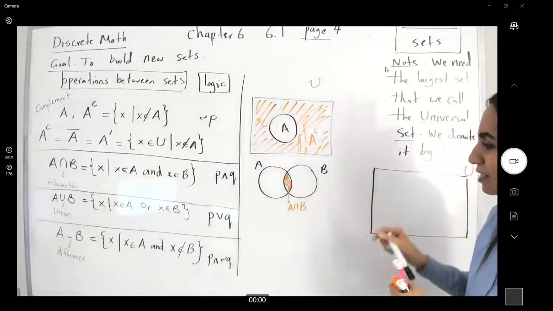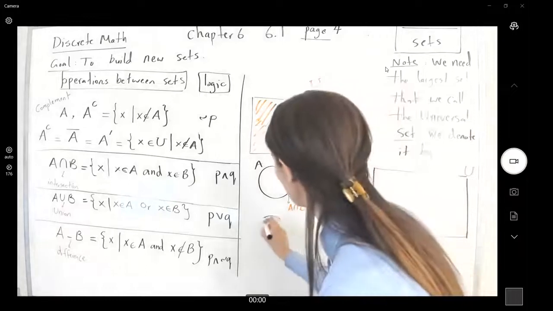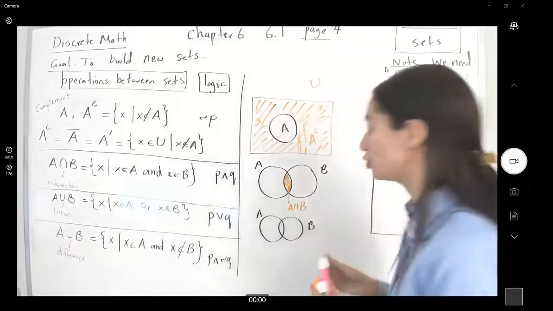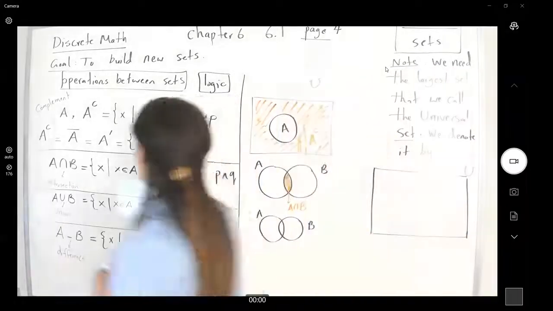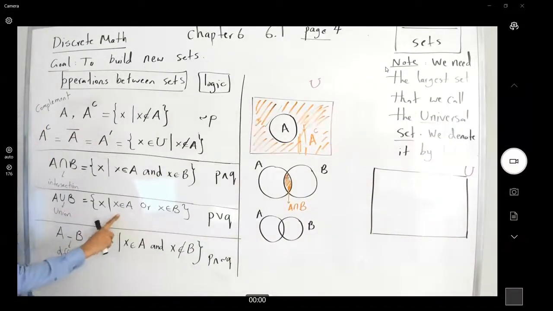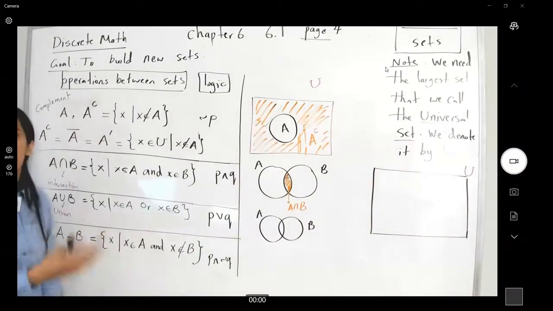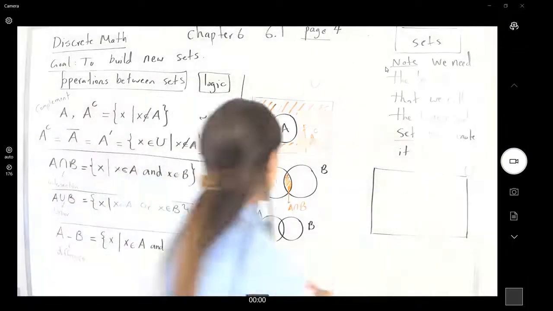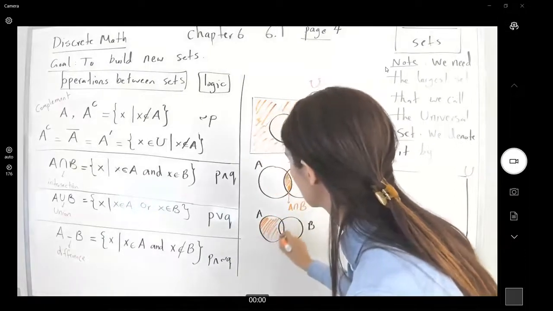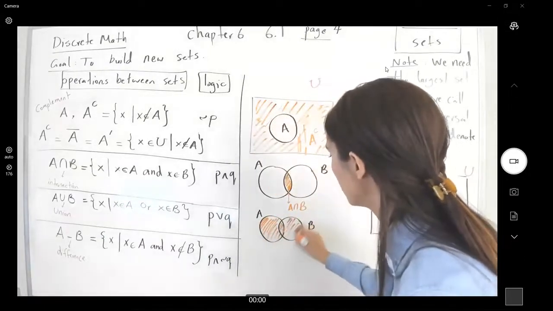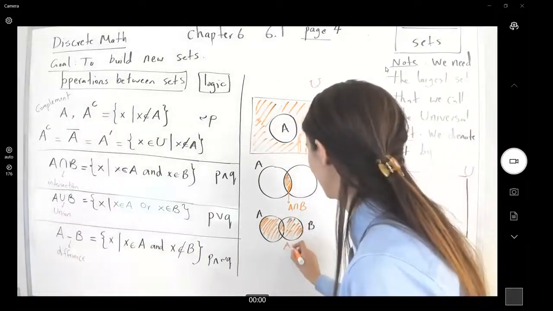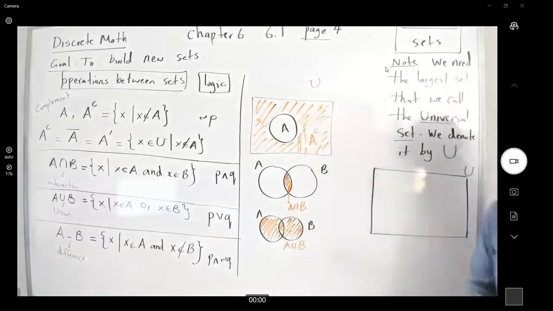Suppose you have two sets, A and B. The union between them, read this carefully, says all the elements X such that that element is in the first set or in the second set. So we shade all elements in set A, their intersection, all elements in set B. This is A union B.